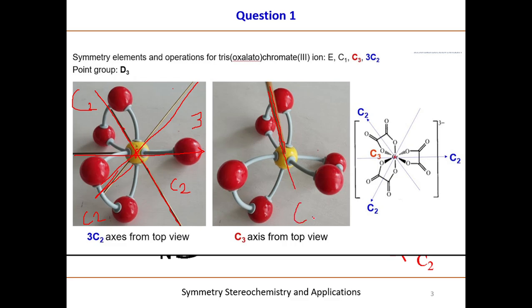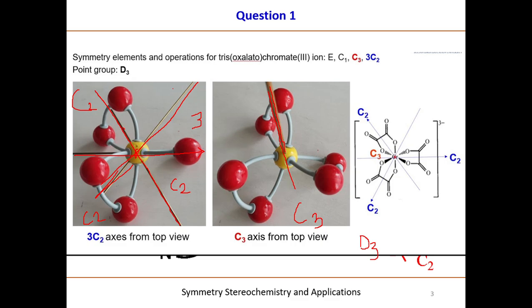That's why we are writing here D3, because it's the principal axis. D3. Now is any other point group present here, or any plane, or any inversion center, or any other symmetry element?